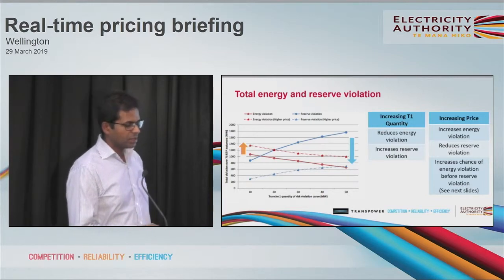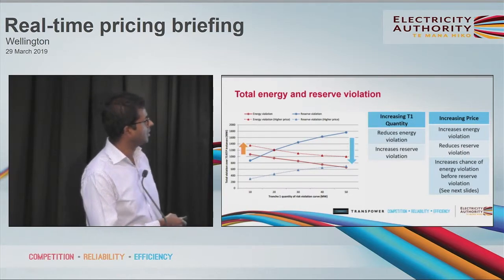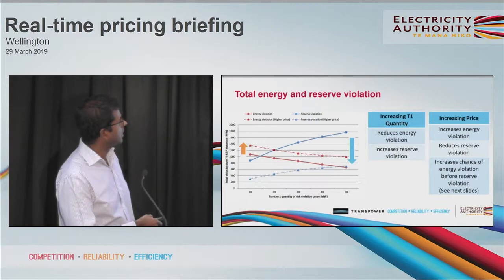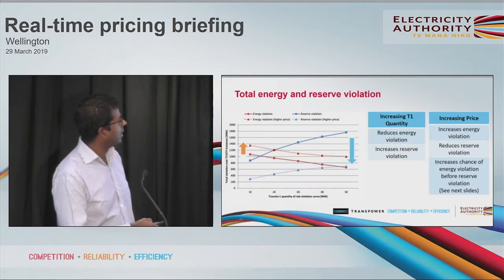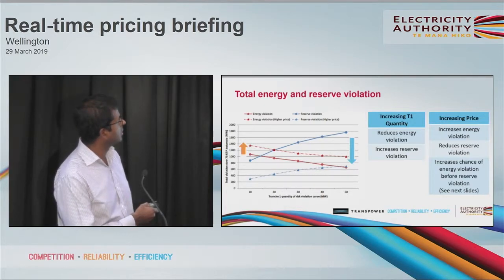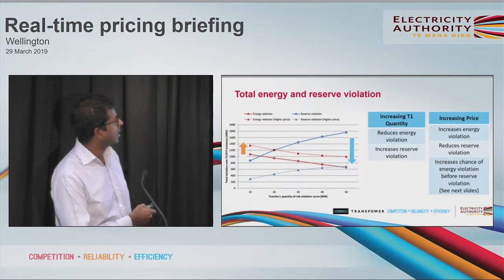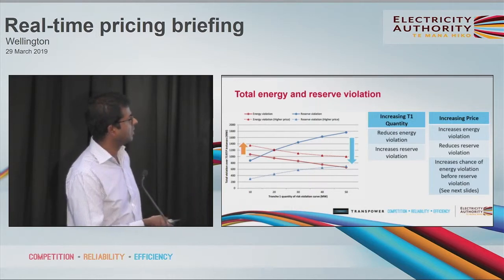So this is just pulled out of the consultation paper. Just a little bit of what this means when you read through it. If we focus on the total violation over the 75 scenarios that we looked at, the blue line is the total amount of reserve violation in those 75 scenarios. The solid lines relate to the lower price risk violation curve.